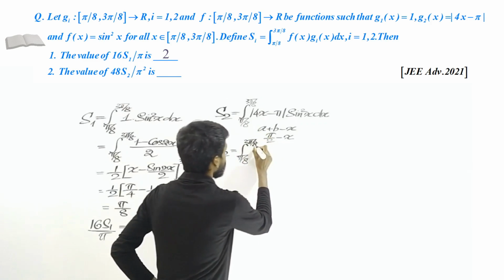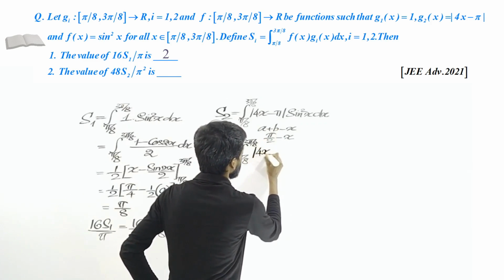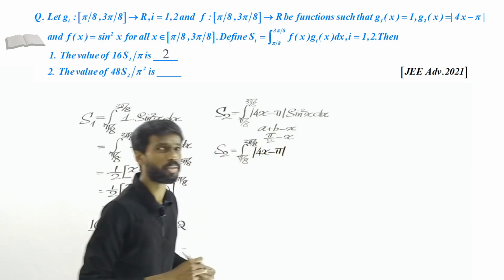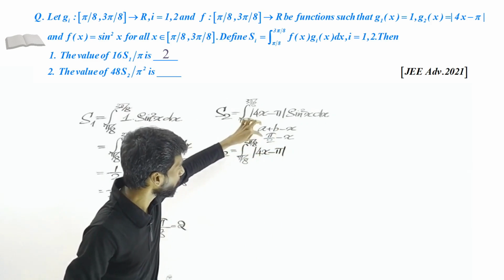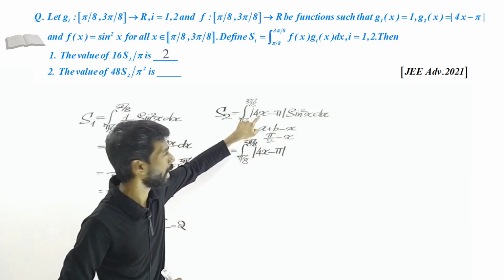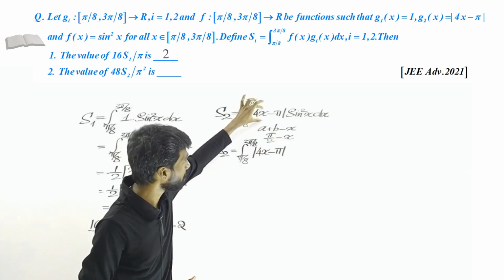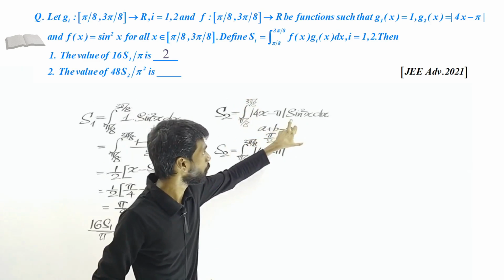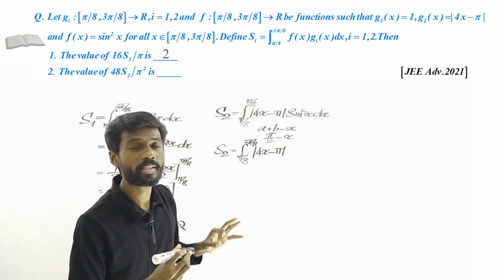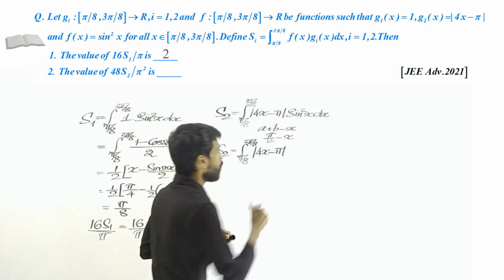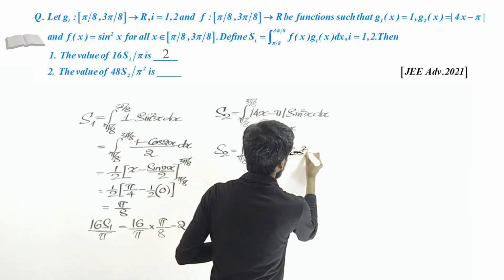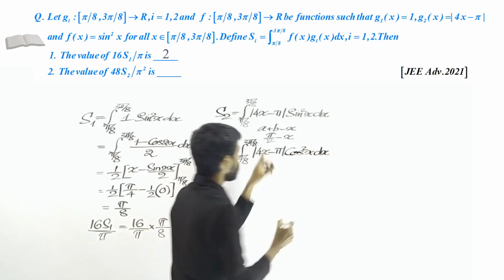So we can write the same thing, 4x minus pi. Even if you replace x by pi by 2 minus x, we still get the same value. But what about sine square pi by 2 minus x? Sine of pi by 2 minus x is cos x, so this will become cos square x dx. So we're just using this property.